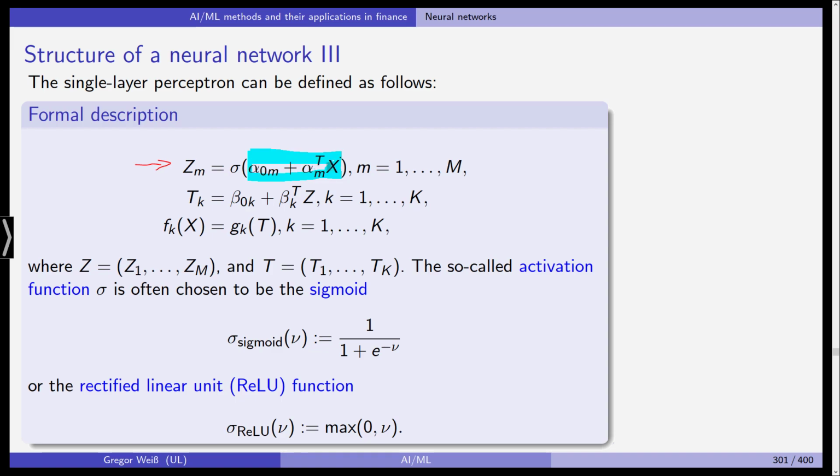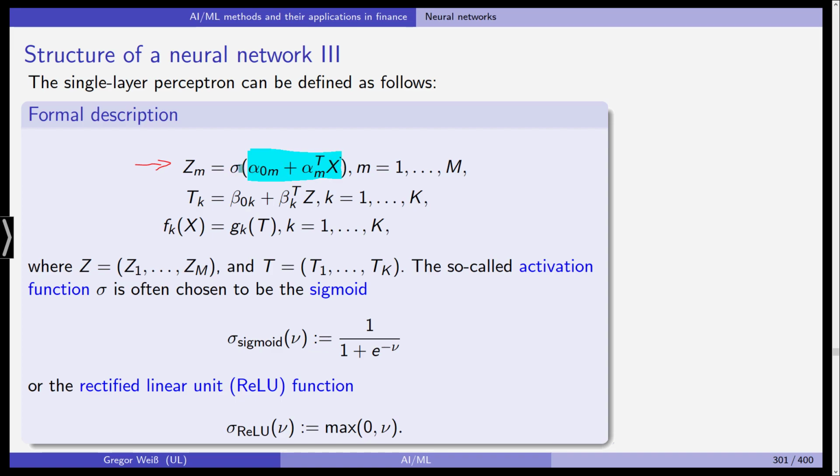We have a linear combination of our features, and if we were to set sigma to the identity function, then we would simply get a linear regression model. Then Z1, Z2, etc. would simply be a linear transformation of the features.